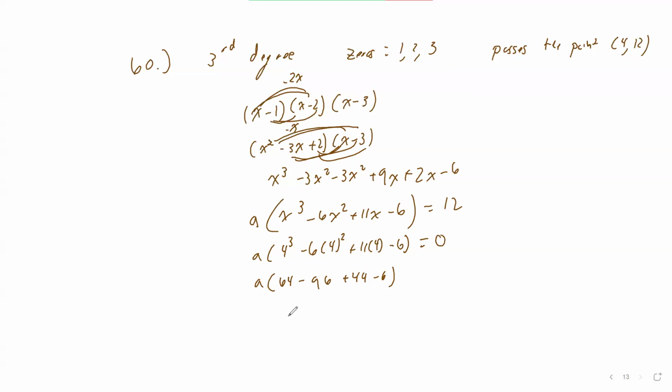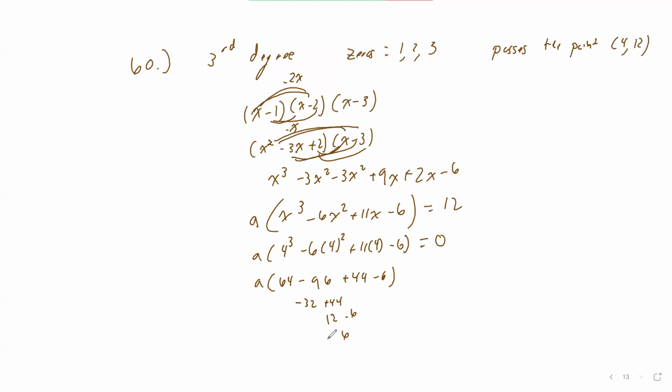So 64 to 96, that would give me 32 numbers off, so that'd be negative 32. So if this was plus 44, that would be negative 12. Nope, positive 12, because that's a positive now. Positive 12 minus 6, and then I'd get 6.